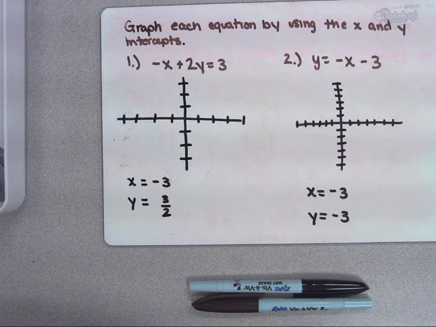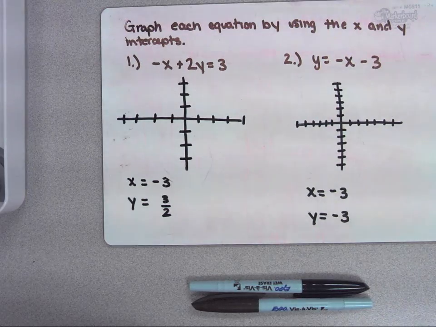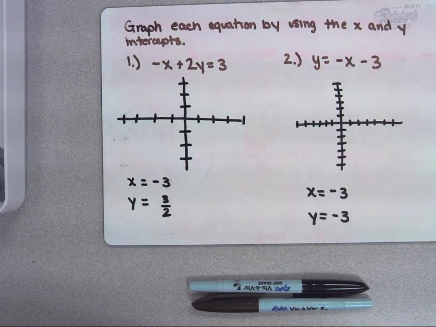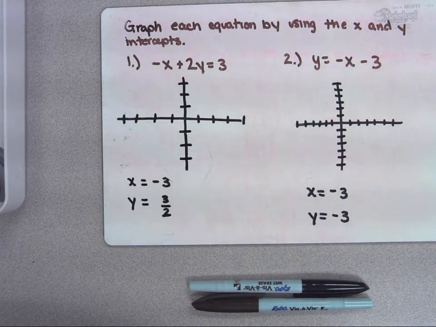I get y by itself. Divide by 2. You probably typed it in backwards. And I bet you like $1 million you just typed it in backwards. Yeah, I did.